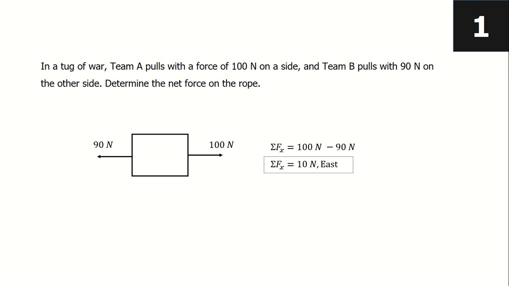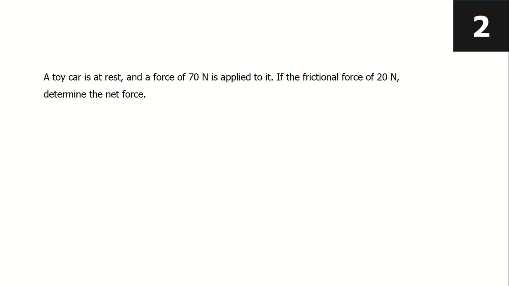If we sum the forces along the x, since the forces are on that particular axis, we will have a positive 100 newtons subtracted with 90 newtons. So the difference will be 10 newtons. And since the net force is positive, the net force is directed to the east. In other words, team A is pulling with a greater force.